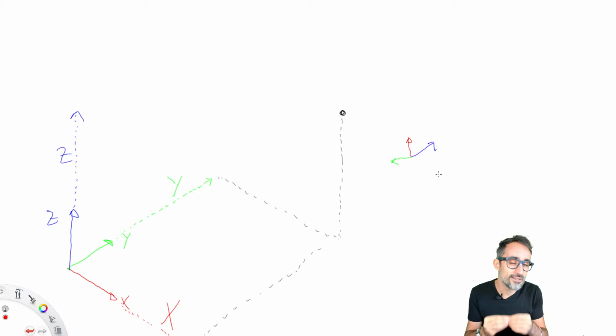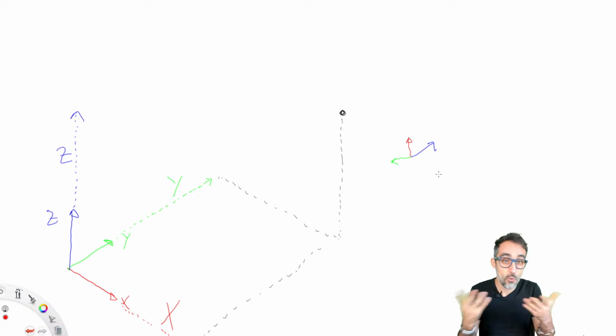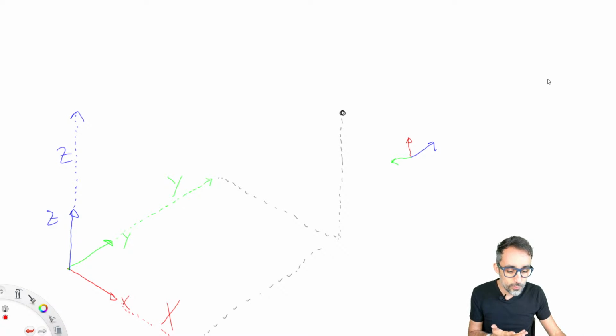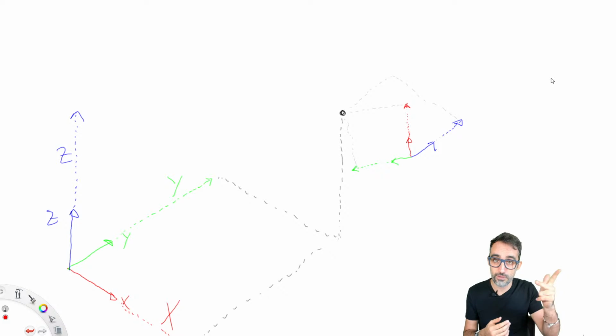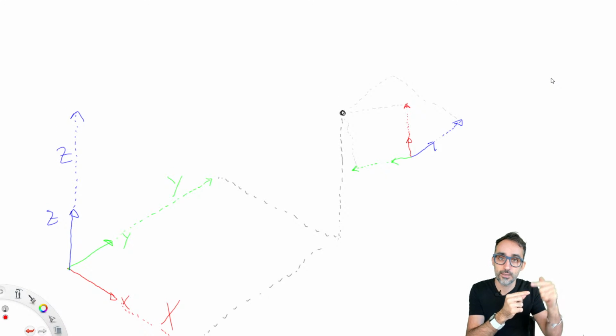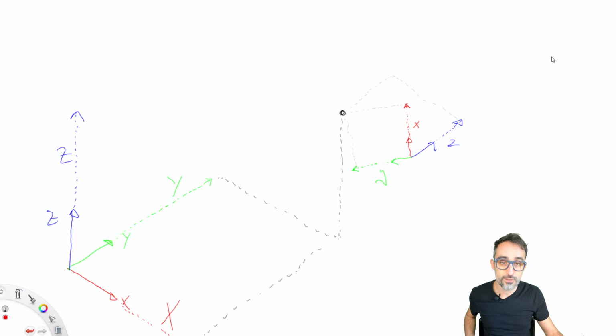Now, how would I actually find those values? Well, we would do the same operation that we do mentally when we work in world coordinates, but with this local coordinate system. We would figure out, in the direction of the three main vectors of that coordinate system, how far along each one of those directions this point is, and then measuring along each one of those directions, we would get the XYZ coordinates of that point in that local coordinate system.